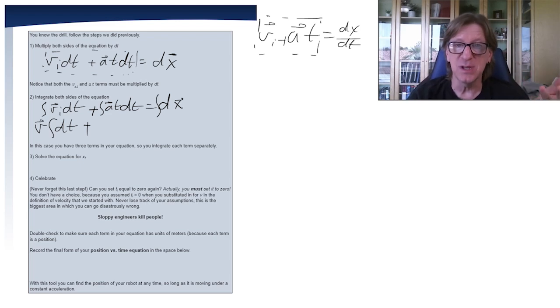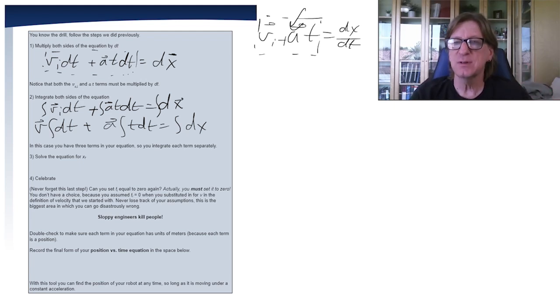You can't help it, because otherwise this equation will be wrong and I couldn't keep going. So because I assumed I had a constant acceleration for this equation, I must also have a constant acceleration for this equation. I don't have the option. I have to make sure that that's constant. So I'm going to pull that out, and I get t dt, and then just the integral of dx over here. Okay. Make sure that all makes sense to you.